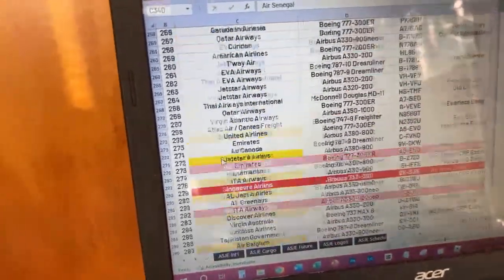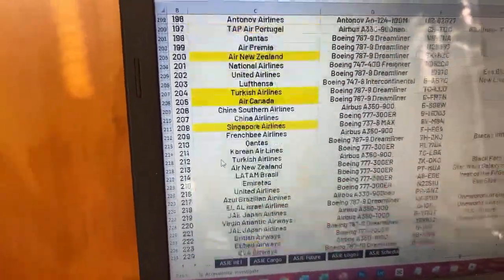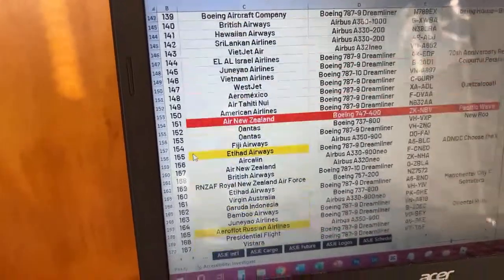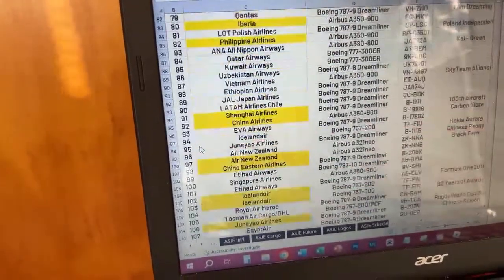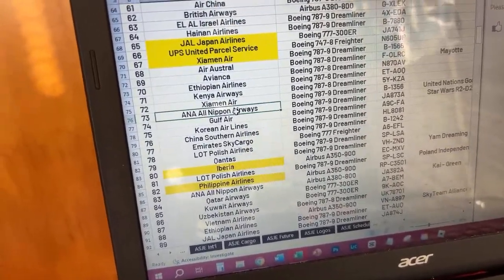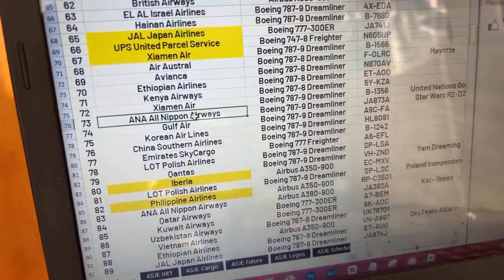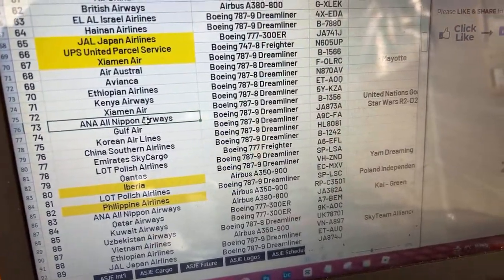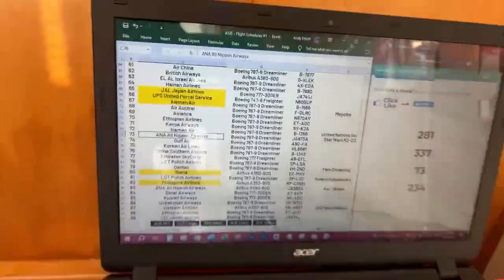73. Alrighty. 73. We'll get in there, here it is, just here. Ooh, another A380. All Nippon Airways, no, it's not a 380, it's a 787-9. It's a Star Wars livery. R2-D2 livery.